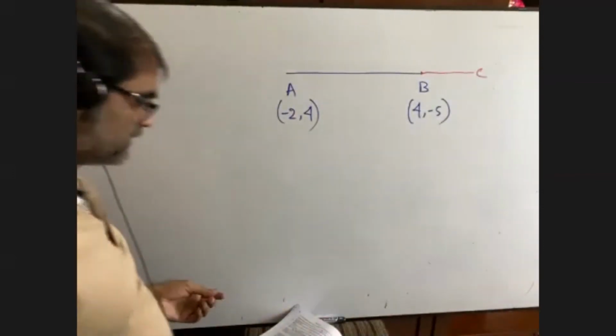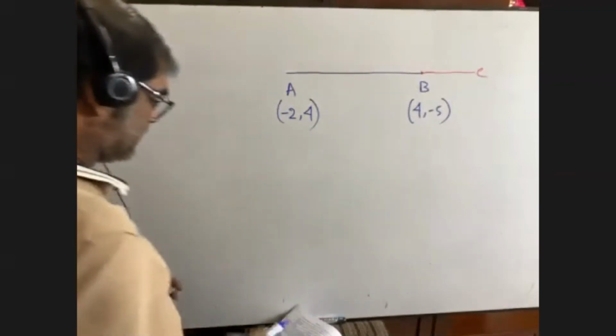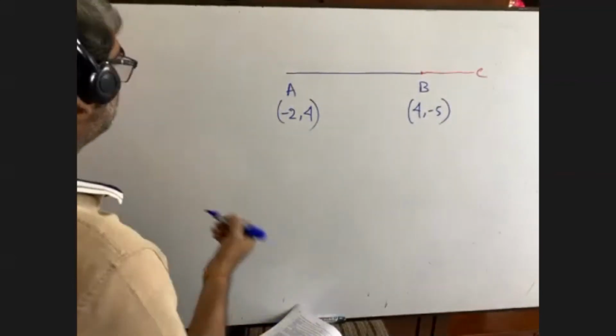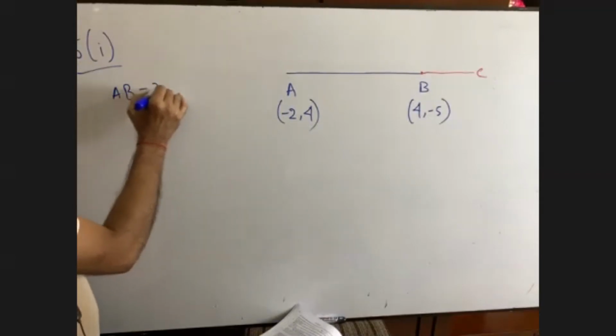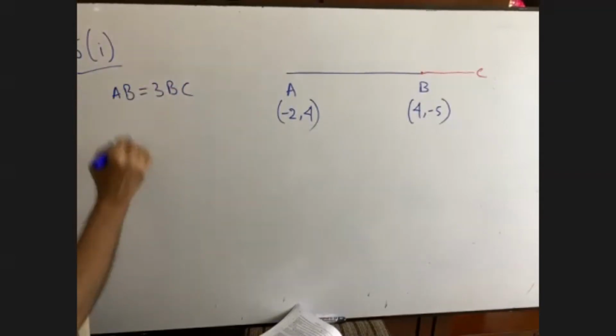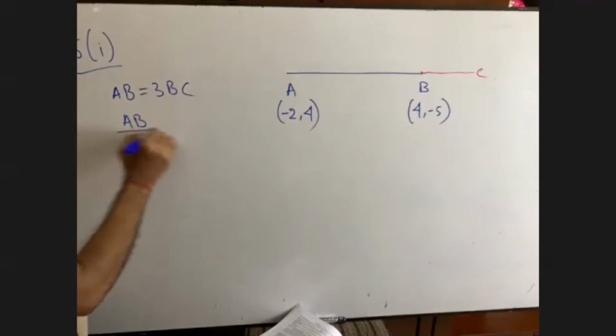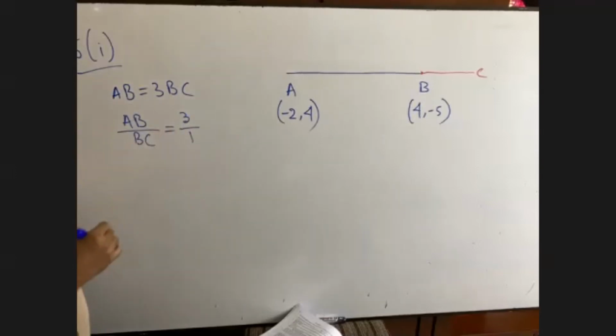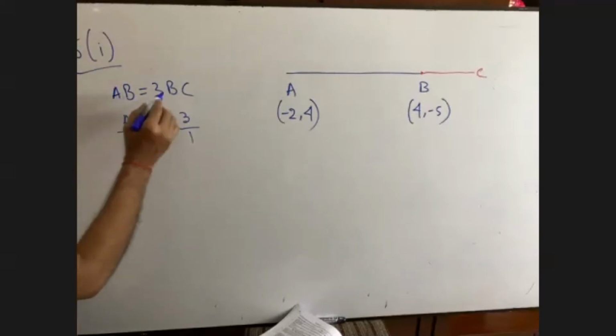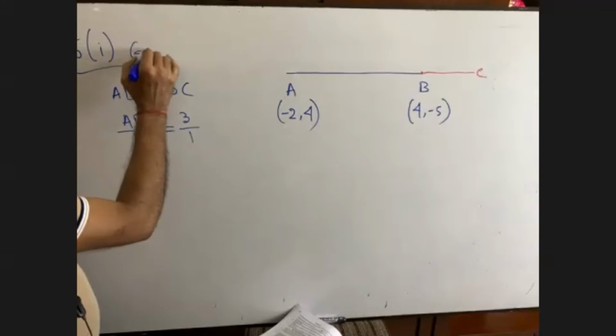What is the condition? The condition given is that AB equals 3BC. What is meant by that? AB by BC equals 3 by 1. Am I right? Is it given in the question that AB is equal to 3BC?